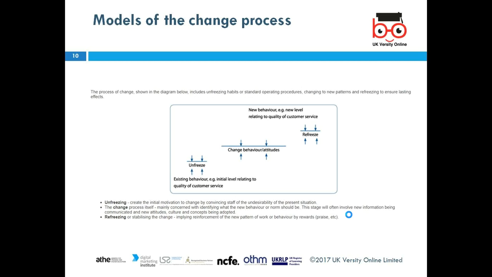So what comes under unfreezing? Create initial motivation to change by convincing staff. We need to motivate them, and help them understand the present situation. First of all, we need to take our employees on board, because ultimately employees are our key asset, especially in a customer service organization in the hotel industry, because people interact with people.